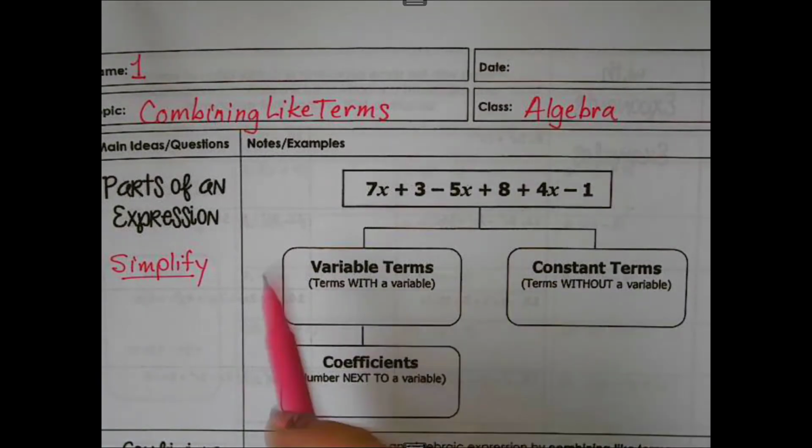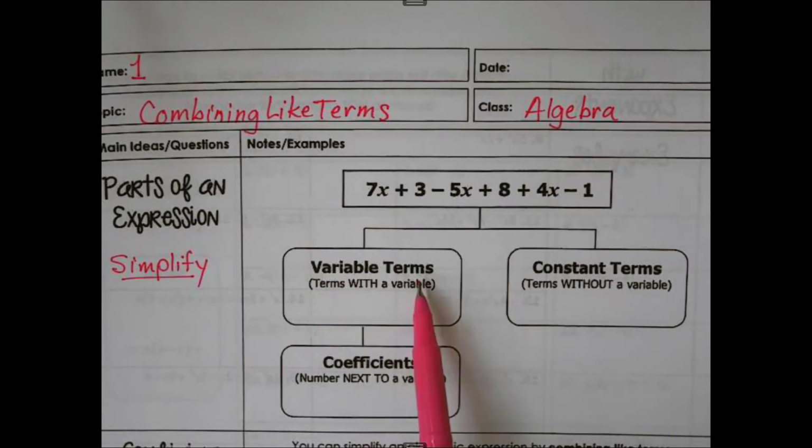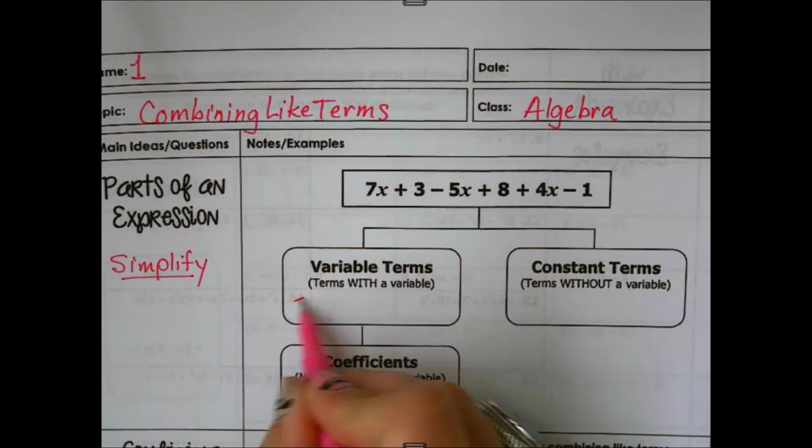Now you can see we have all of these terms, and some of them are the same. So how do we know if they're the same or not? Well, we look at each of the terms, and if they have the same letter with the same exponent, we know that they are like terms. So let's get all the variable terms listed from this expression up above.